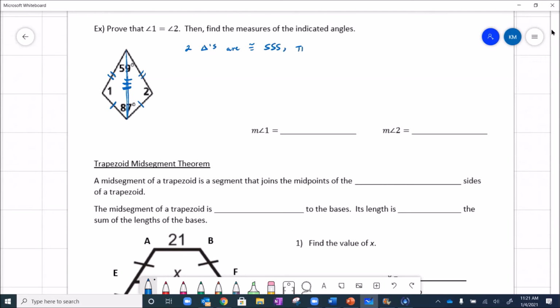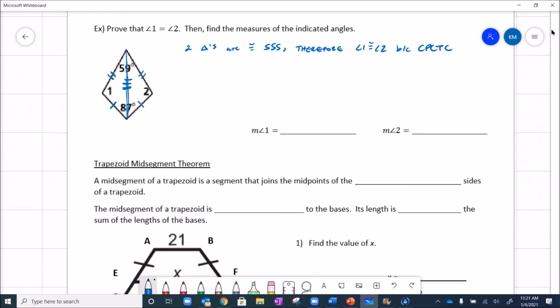And therefore, I know that angle 1 is congruent to angle 2 because of CPCTC. Corresponding parts of congruent triangles are congruent. Since these two triangles are congruent and angle 1 and angle 2 are in the corresponding positions, they must be the same.